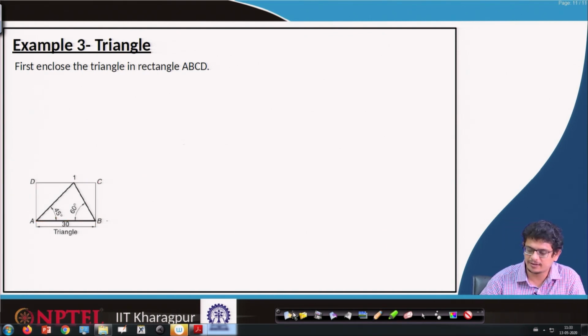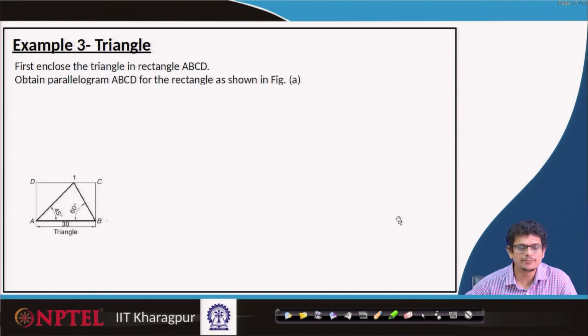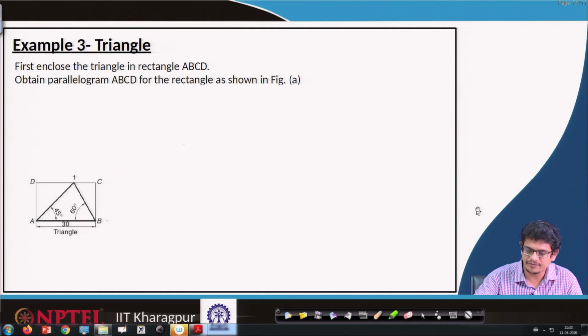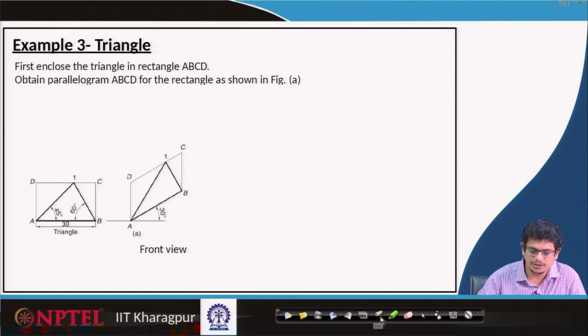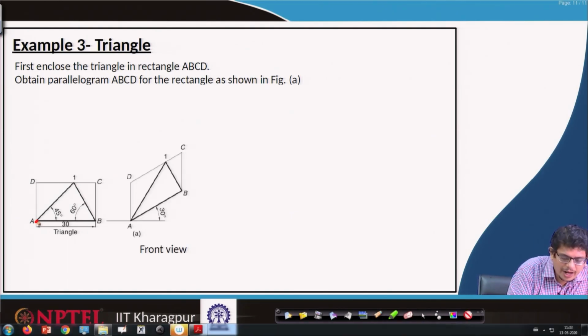Now, this entire rectangle has to be rotated as a parallelogram with that 30 degrees line. So, the way we constructed the rectangle, AB, draw a 30 degrees line, on that locate AB points for the right face.